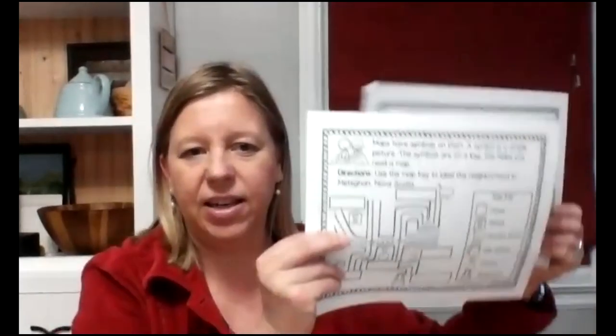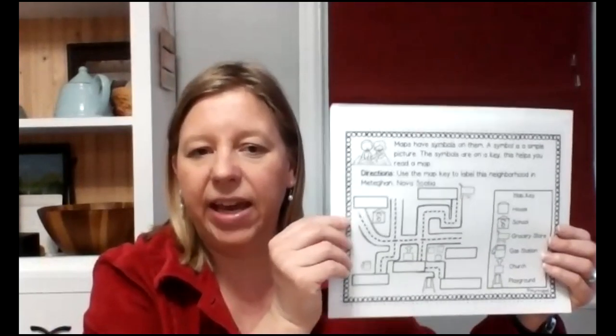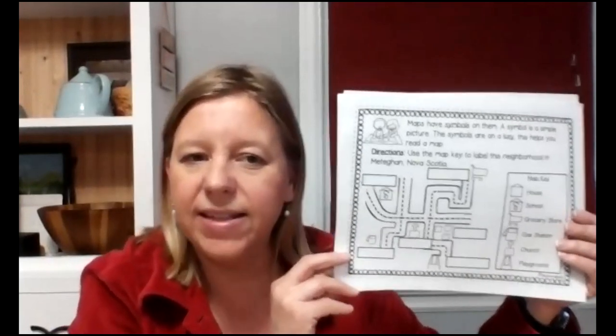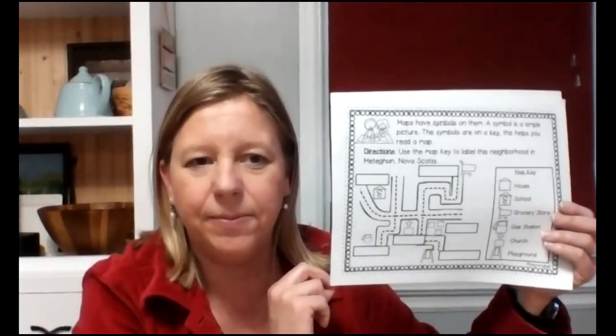And this is the second one you need. The other one you need is the map of a town in Nova Scotia, both Canadian provinces. Once you have those handy, we're ready to go. So let me just share my screen with you and explain our activities for today.